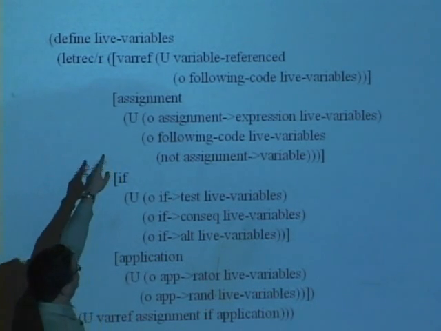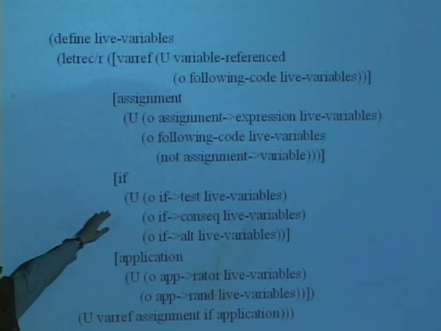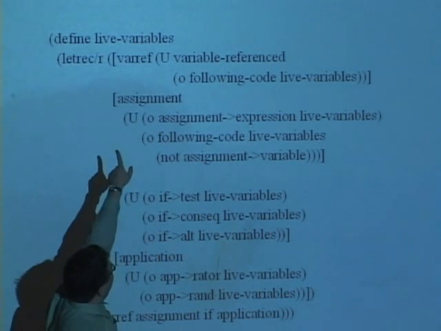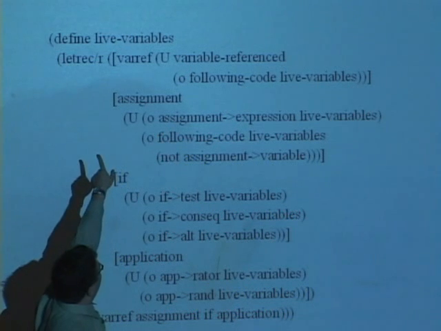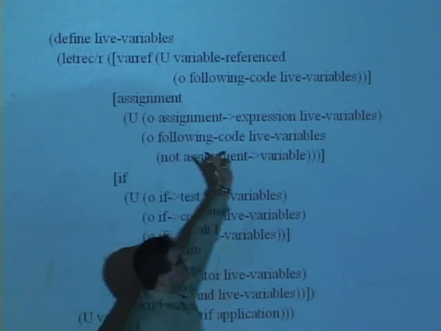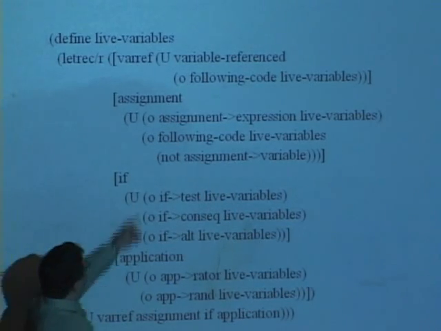You know, if you have your expression already in a graph, right? So your go-tos are gone. They're just the following nodes. A variable reference has live variables of the variable reference and the following code fed to the live variables, right? Which is recursive.